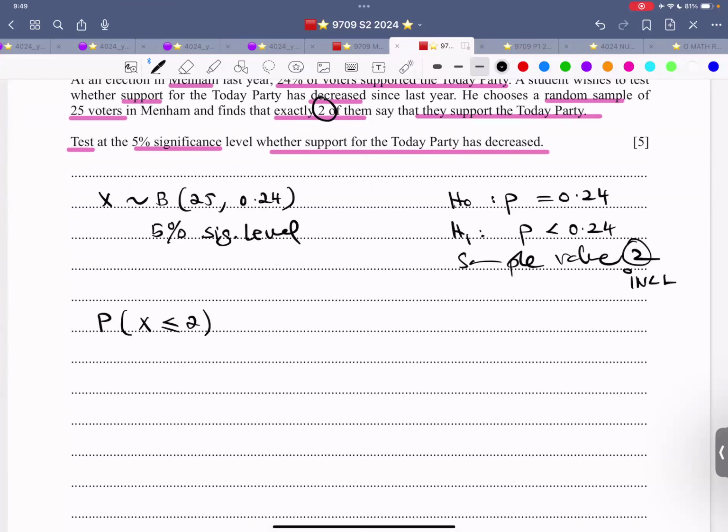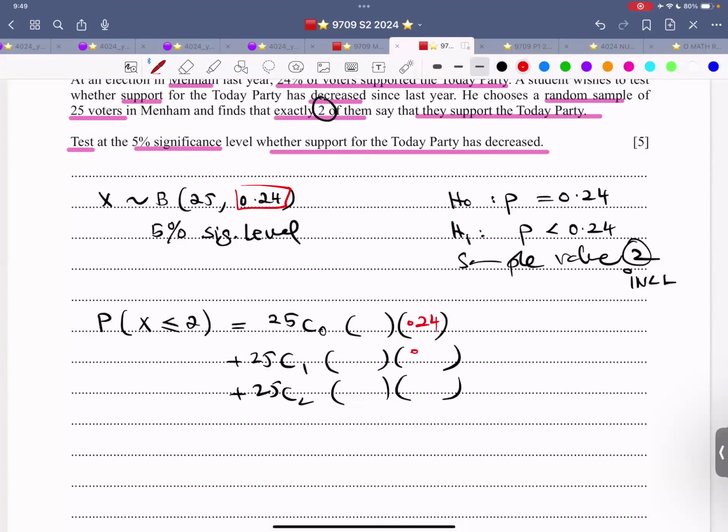X is less than or equal to 2 according to the binomial formula. That is 25C0 and then 25C1 and then 25C2. Now, let me adjust the height of my stand. And I think that is good enough. So therefore, the probability of success is 0.24, power is 0, 1, and 2.